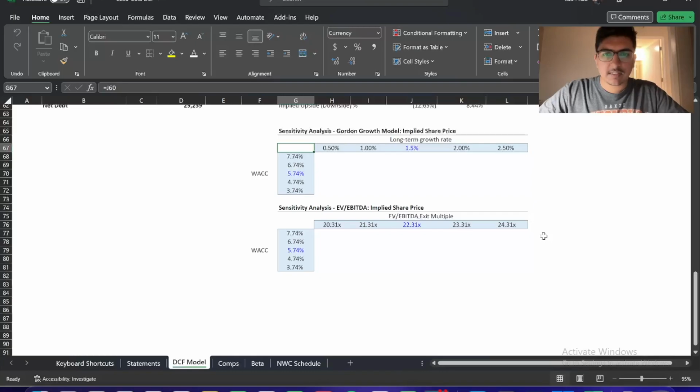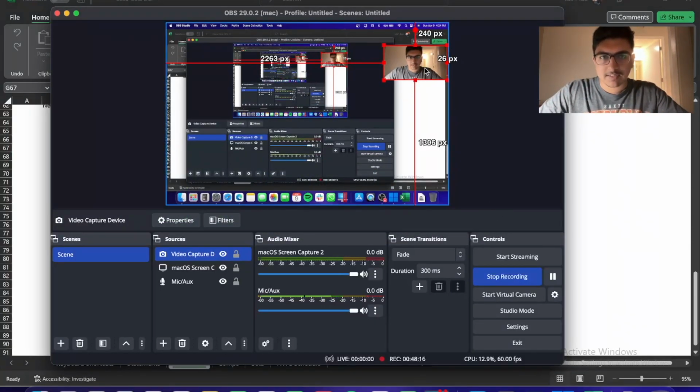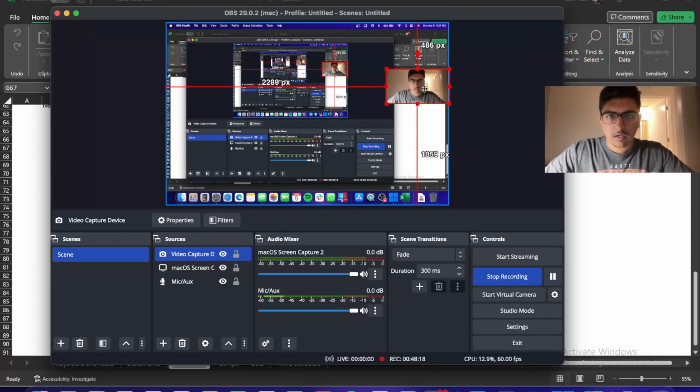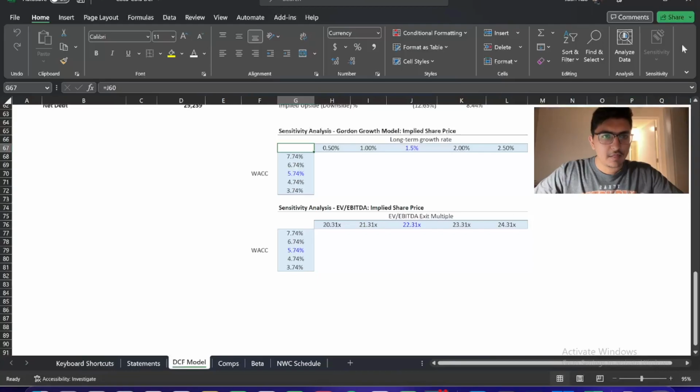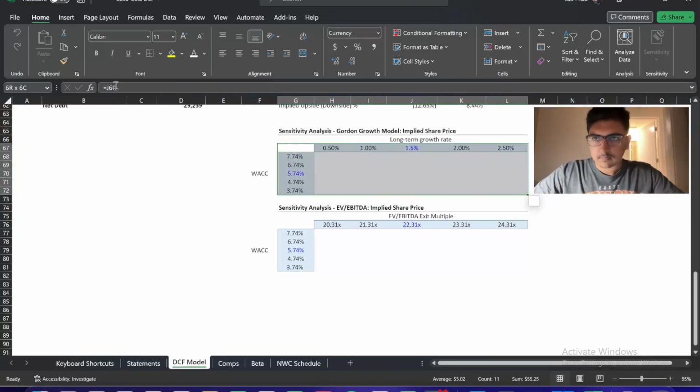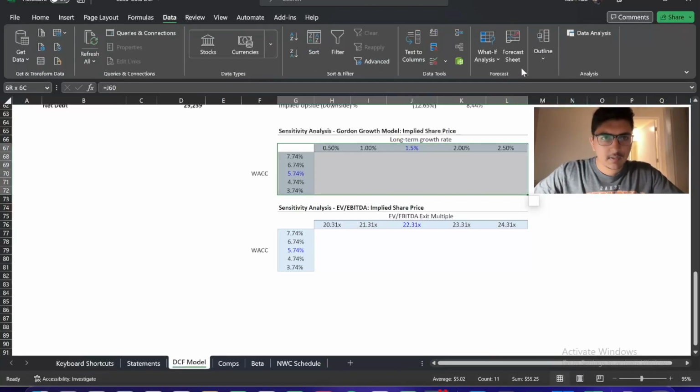So how do we actually do the sensitivity table? This is really cool. I'm going to move my camera so that you can see what I'm doing here. You want to open up the toolbar right here. The first thing I want to do is select your table, and then go to Data, What-If Analysis, and then Data Tables.